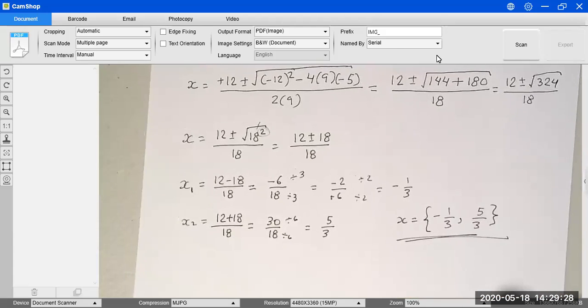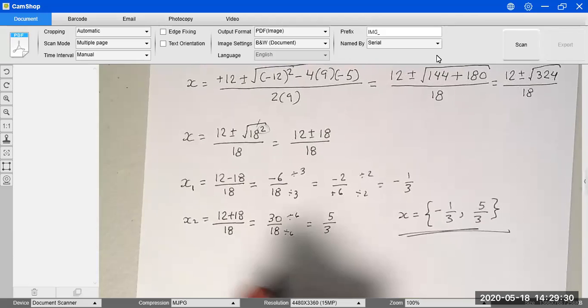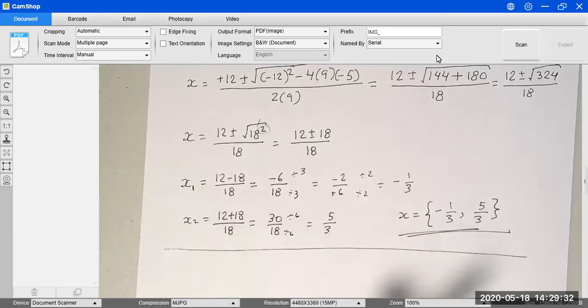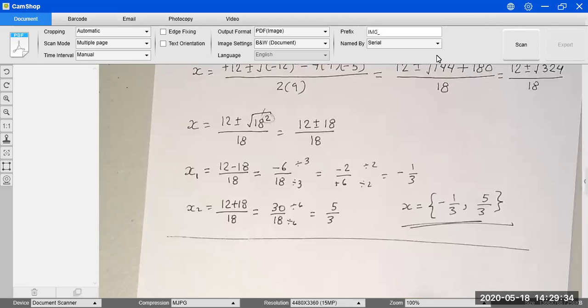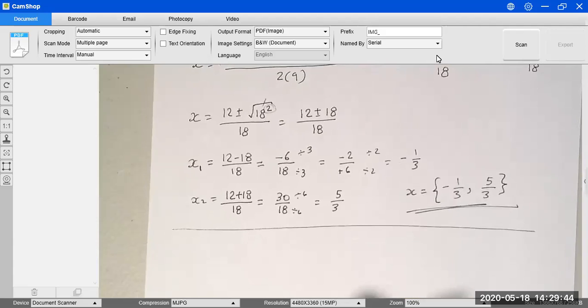So that's problem 12. So now I'm going to assign you 5 more problems, and then I'm going to give you problems where you're gonna apply any method to solve the quadratic equation.